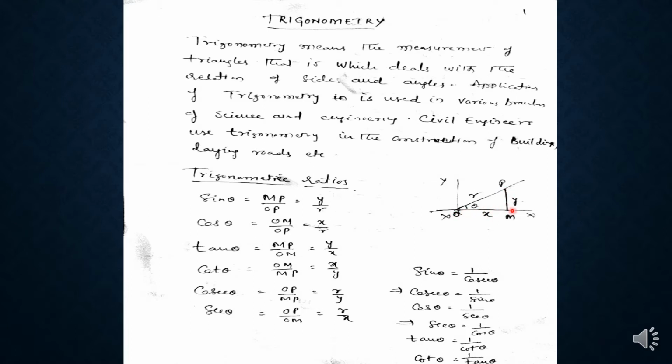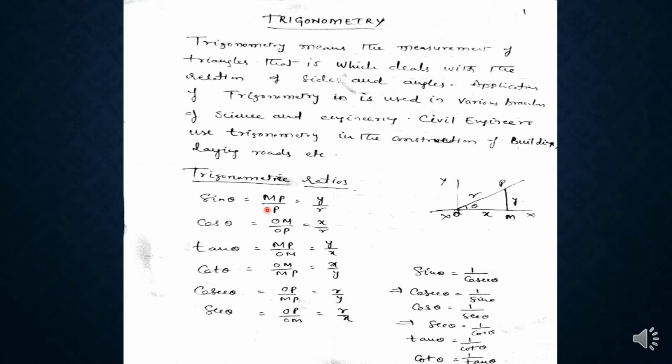OM is equal to x and PM is equal to y, and this OP is called the hypotenuse. So we have 6 trigonometric ratios: sin theta, cos theta, tan theta, cot theta, cosec theta, and secant theta.